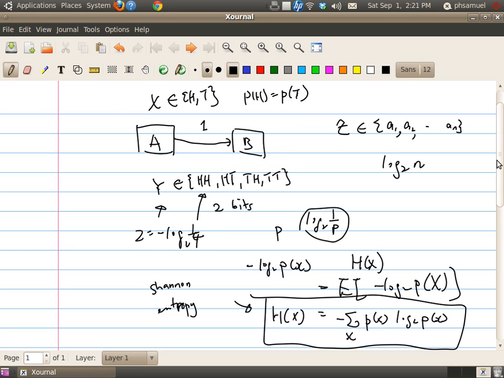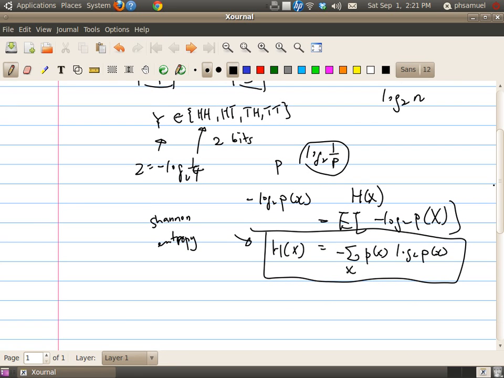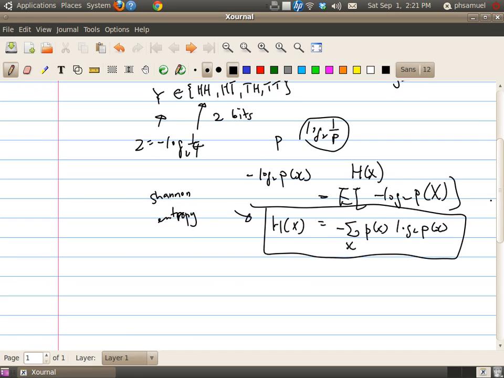Actually, there is a funny story about why Shannon called this thing entropy. Apparently he had consulted with von Neumann. Before he talked to von Neumann, he was thinking of calling it information content, but von Neumann convinced him that first of all, in statistical physics, they already have a very similar expression known as entropy, therefore he should use entropy.